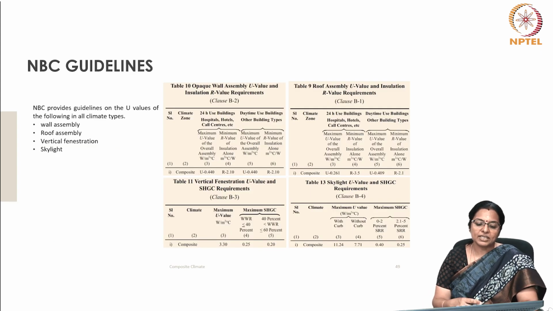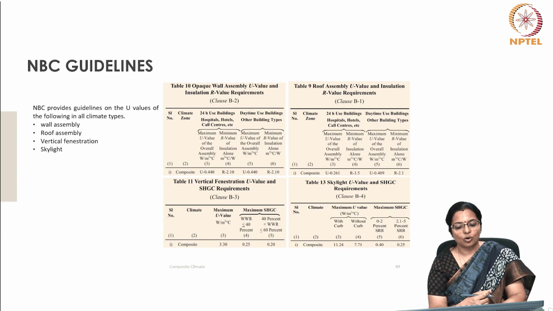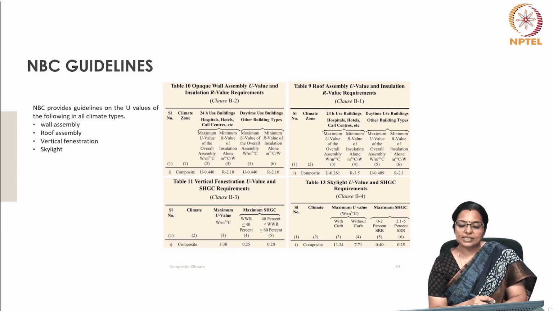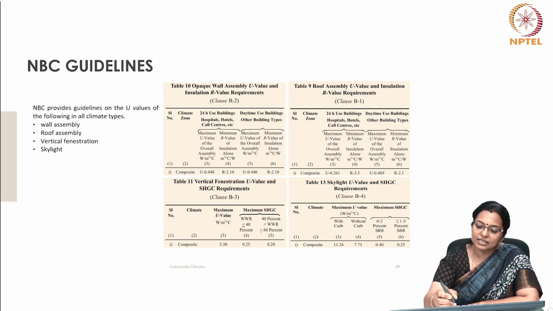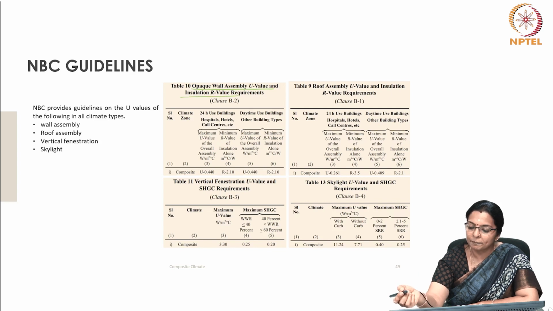Further, NBC also provides guidelines on the U values of the various wall assemblies, roof assemblies, vertical fenestration and skylight glazing. So, you can see opaque wall assembly U values and insulation R values are given.